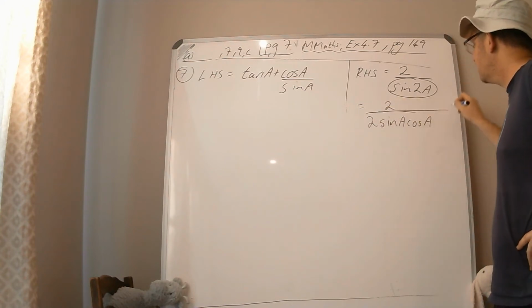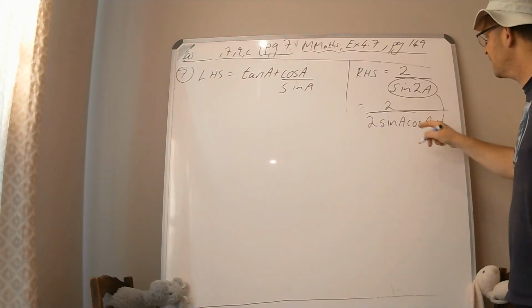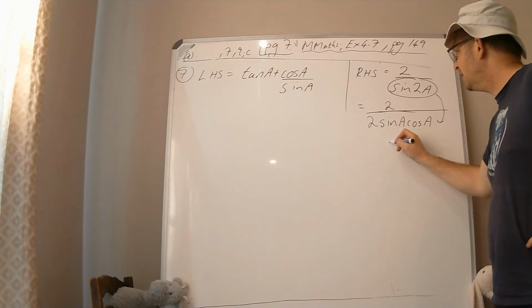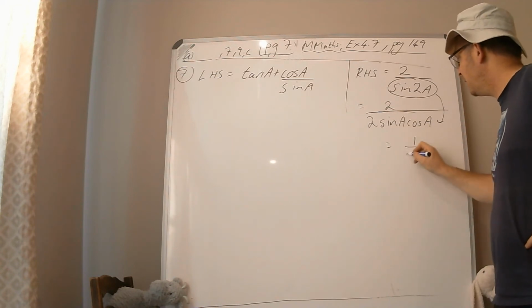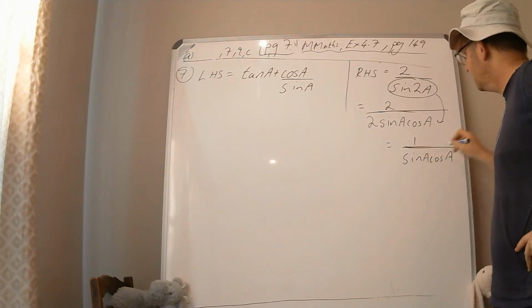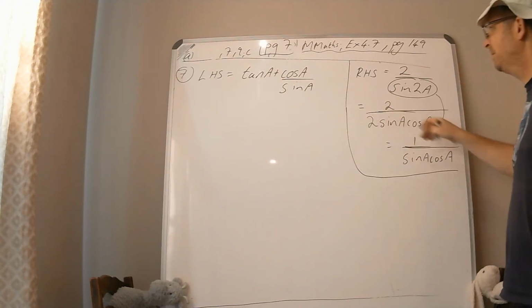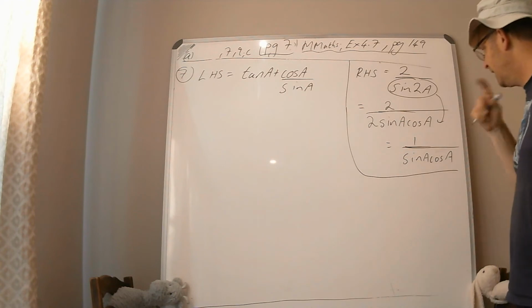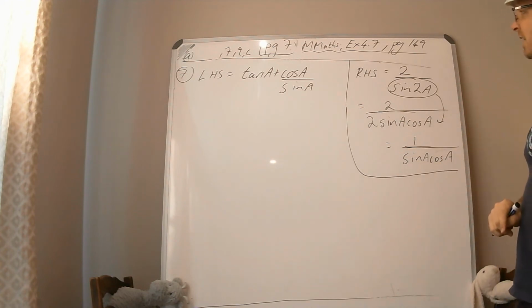So I've just changed sine 2a into 2 sine a cos a, and the 2's cancel, so the right-hand side simplifies to 1 over sine a cos a. That is what I'm going to try to work towards with the left-hand side, get it equal to 1 over sine a cos a.